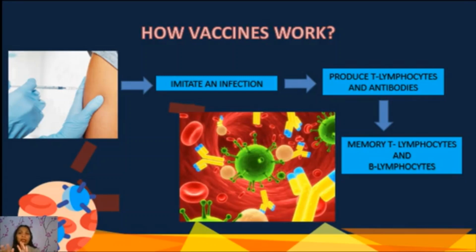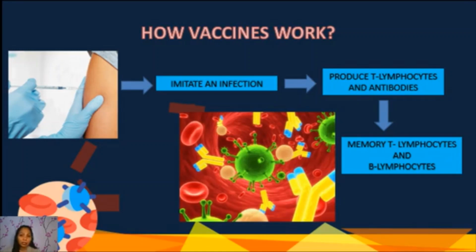Once the imitation infection goes away, the body is left with a supply of memory T lymphocytes, or memory T cells, as well as B lymphocytes, or B cells, that will remember how to fight that disease in the future. However, it typically takes a few weeks for the body to produce T lymphocytes and B lymphocytes after the vaccination.